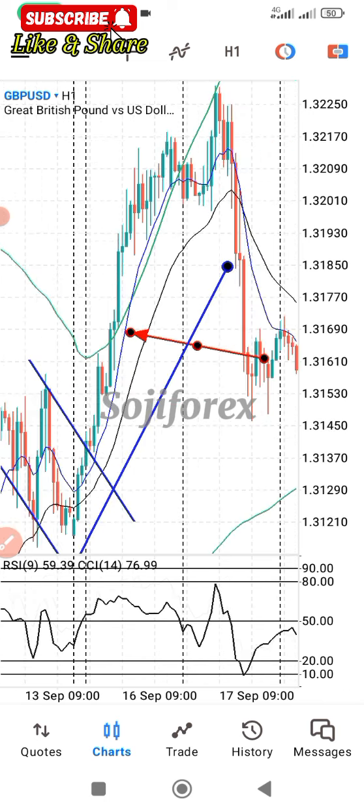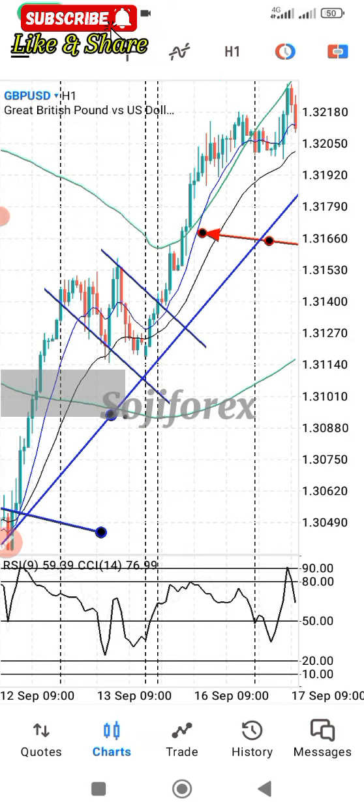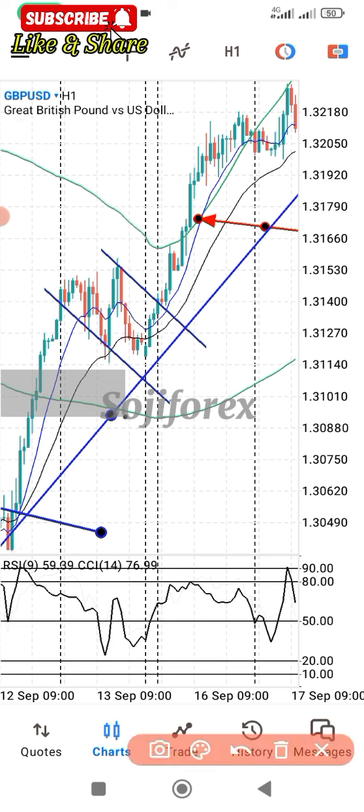So if we are to use that, it means that from this point here, it is confirmed that we are in an uptrend. So we'll be waiting for price to make some pullback so we can find our entry and continue. And this is the pullback. Then all you need to do is focus on these indicators.